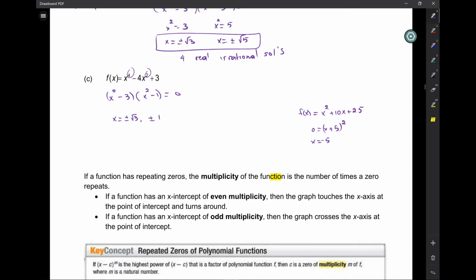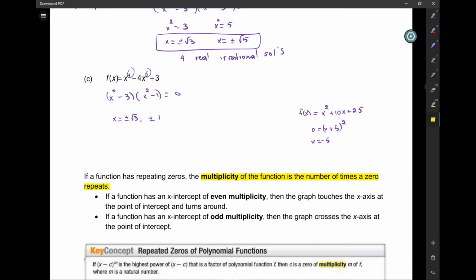It could repeat twice, so it could be to the power of 2 or 3 or 5 or 7 or 6 or 9. That's a repeating 0. If a function has a repeating 0, the multiplicity of the function is the number of times a 0 repeats.